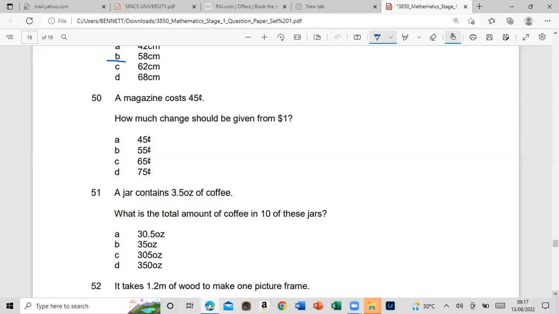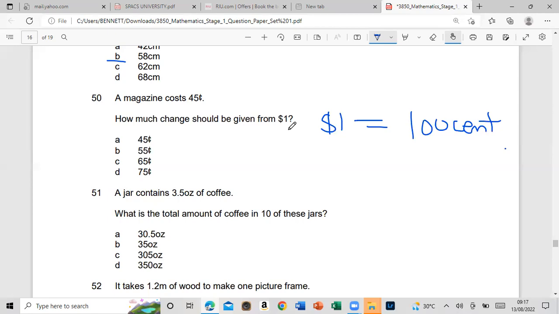I bet you don't know. Now, let me tell you, $1 is equal to 100 cents. So you guys learn something, because cents, that is the dollar in use nowadays. So $1 contains 100 cents.